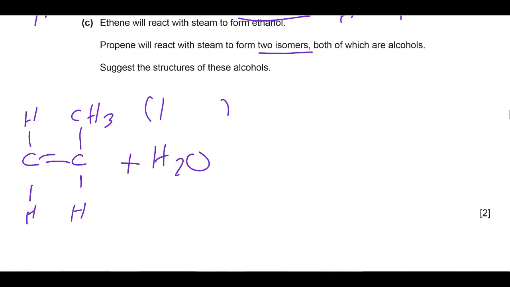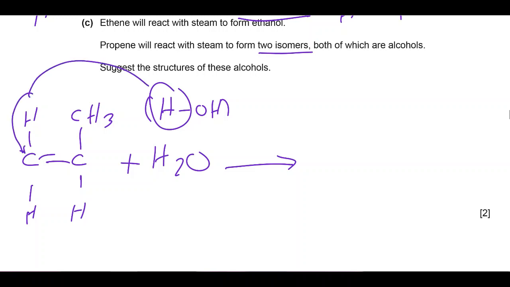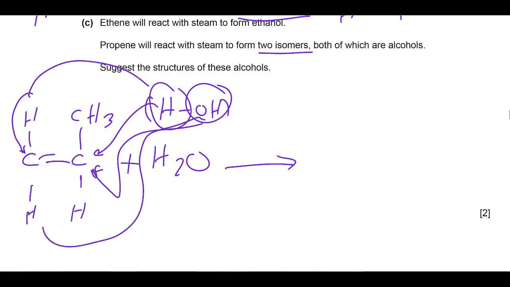This H2O, we can write it like this. So this H could be added to this carbon or could be added to this carbon. So you have two options. Same thing for the hydroxide. This group could be added here or could be added to this carbon. So you have two options.